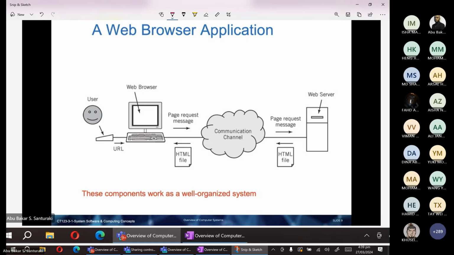So the architecture here shows us, first and foremost, there's this guy, the user. What's a user? A user is a person who makes use of a computer or any sort of device.